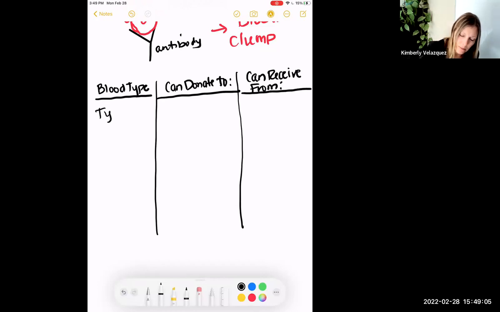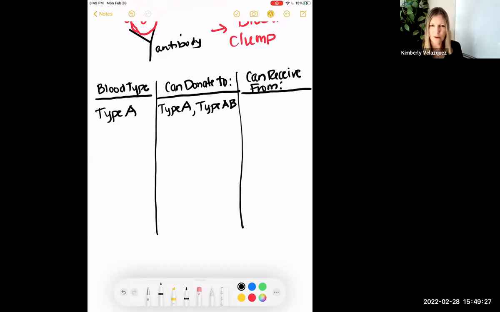So let's go type A. So if you're type A blood, it means you have type A markers on your red blood cells. Who recognizes you as self? Others with type A. And also type AB. Type AB has type A markers, so they recognize as self.